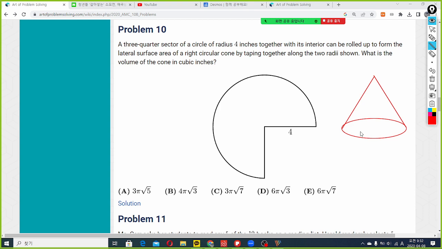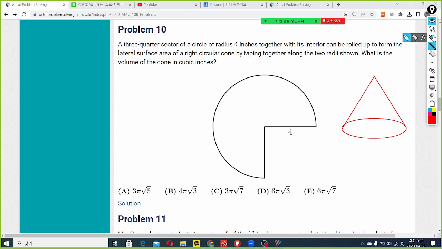So when we make the cone like this, the arc length of the net is equal to the circumference of the bottom circle.